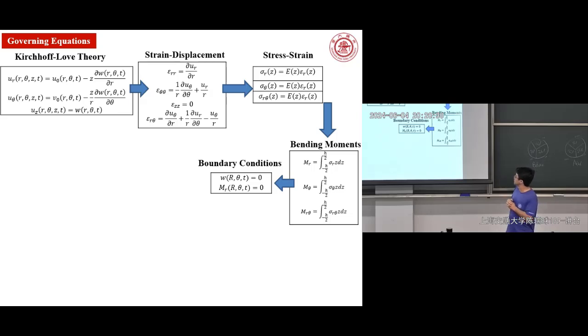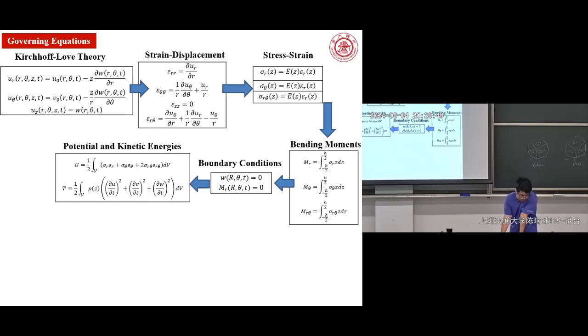So you can see W at the surrounding of the circular plate is 0. There is no displacement, and also there is no bending moment.